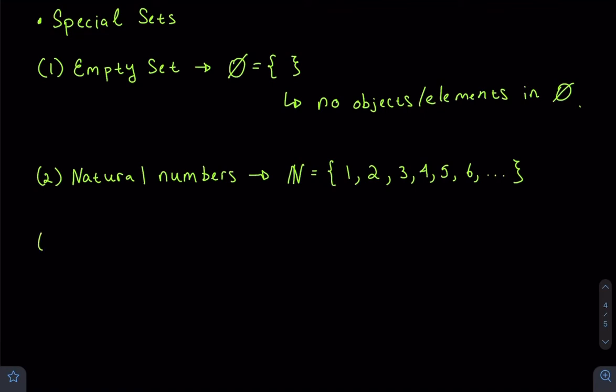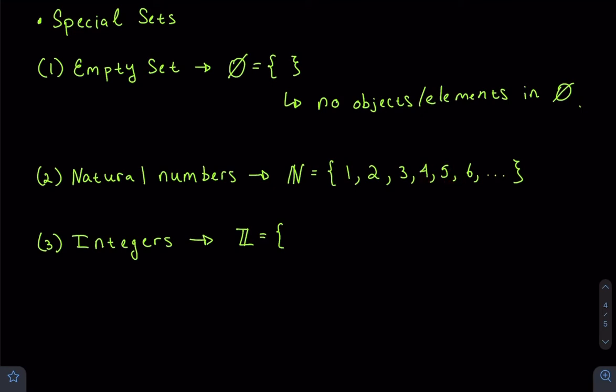The next set is the set of integers. This set is denoted by a bold-faced Z, and it's going to be the set that will contain the numbers that are actually in the natural number set, including the number 0, and including all the numbers you can get by negating each of these numbers.